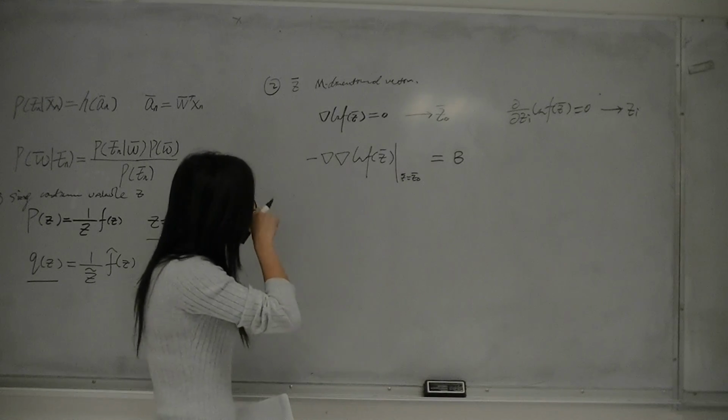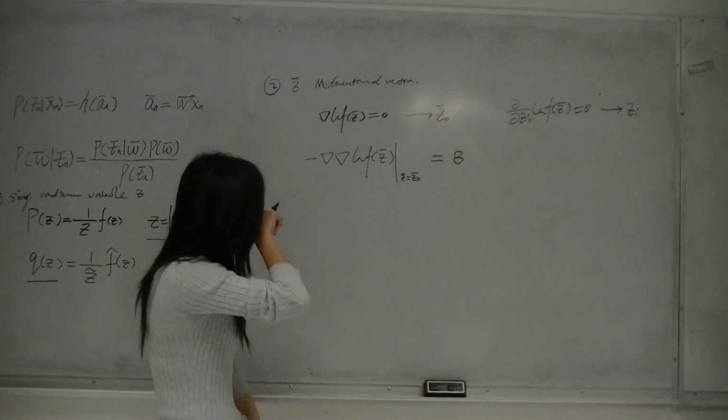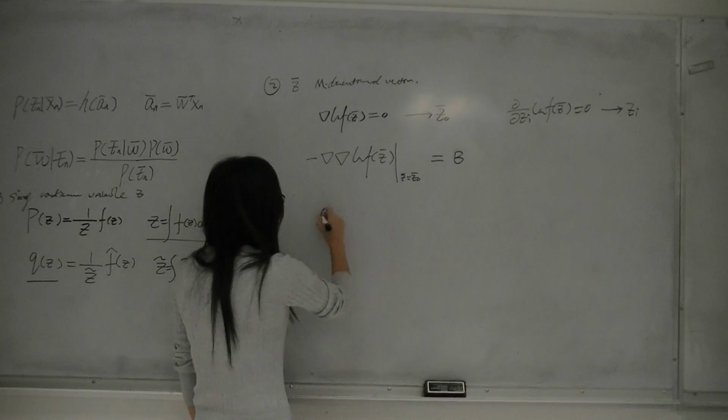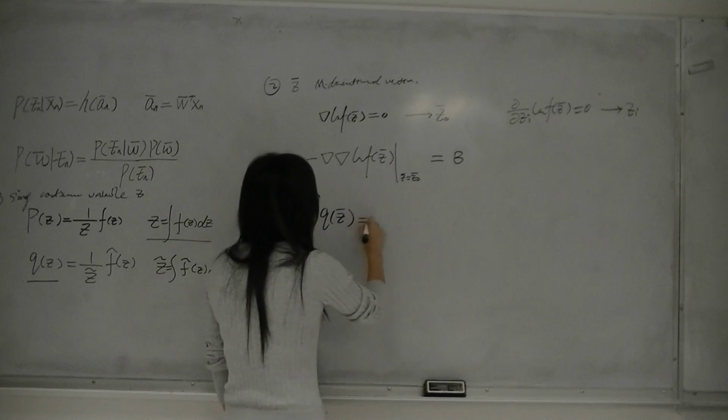After we got this component, we can get the approximate Gaussian distribution q(z).